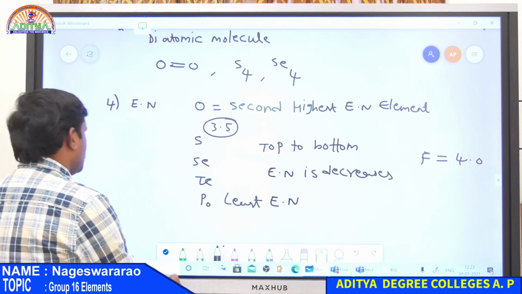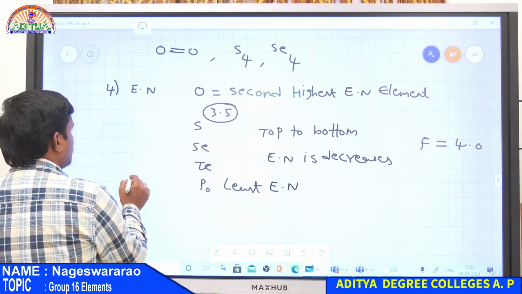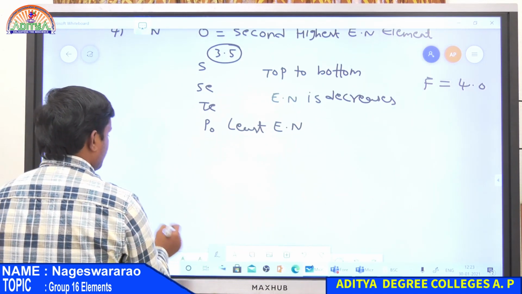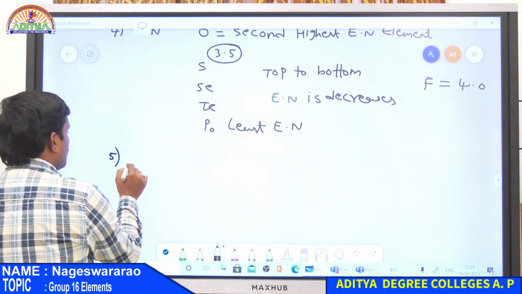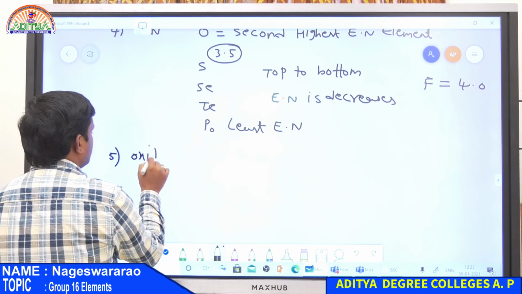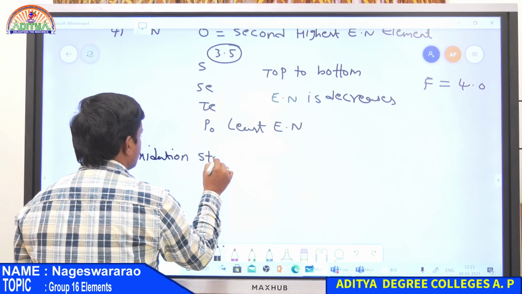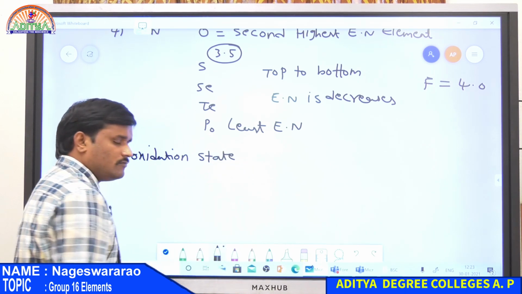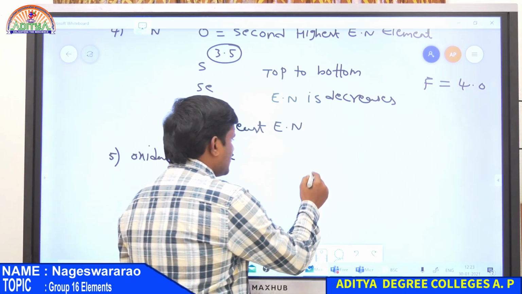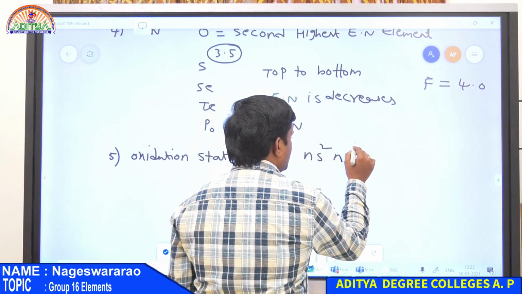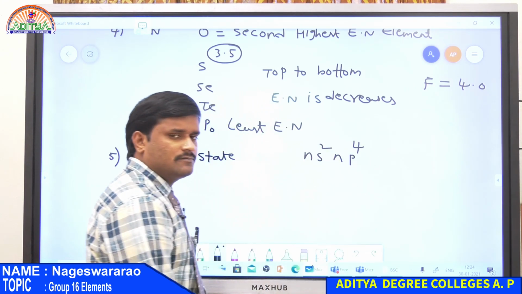And next physical property, that is oxidation number, or simply oxidation state. So oxidation state is always derived from general electronic configuration, that is ns2 np4.